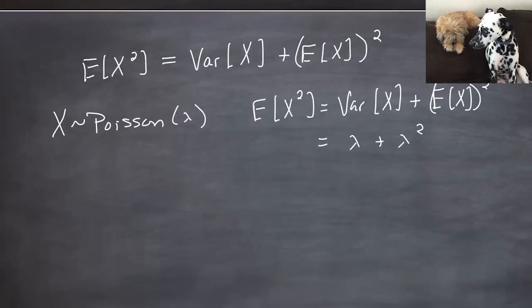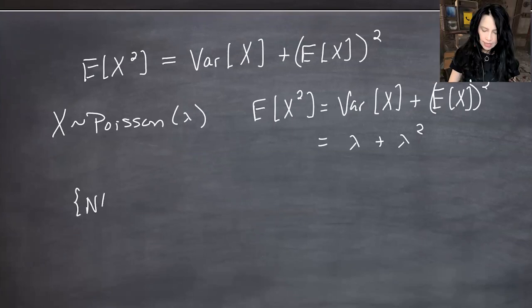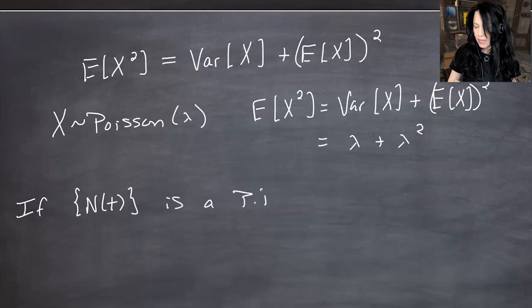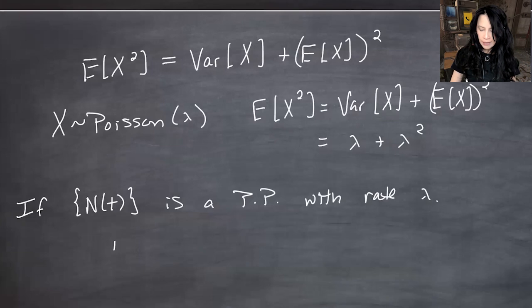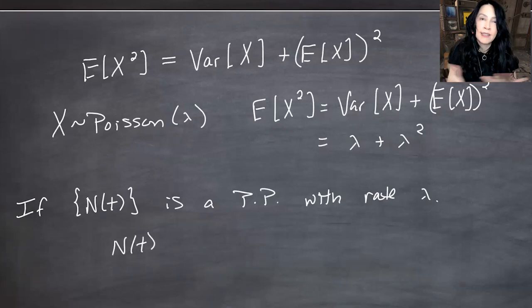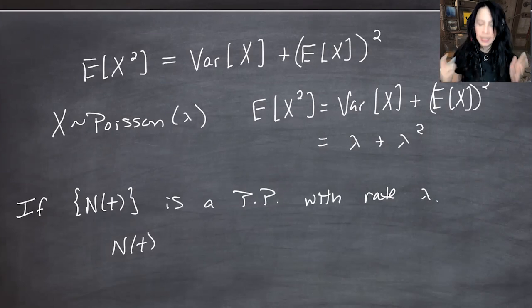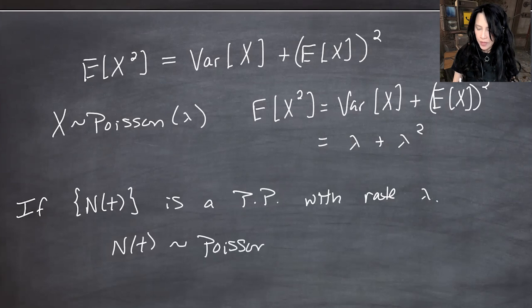So check this out. If N(t) is a Poisson process with some rate lambda, then we know that N(t) itself, as the number of arrivals or occurrences of whatever you're counting by time t, is a Poisson random variable with parameter lambda t.